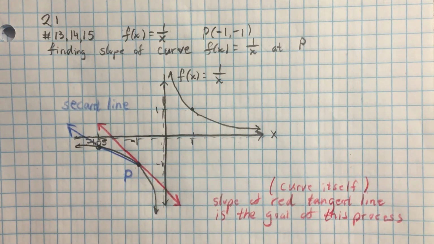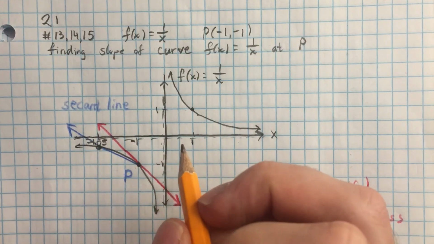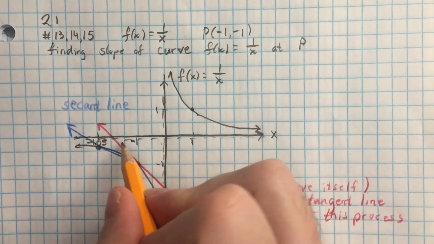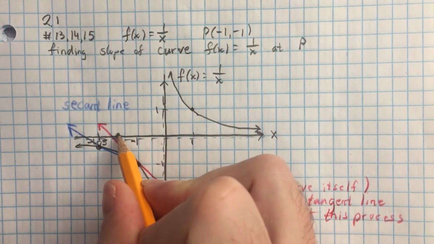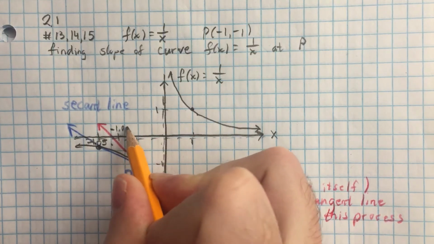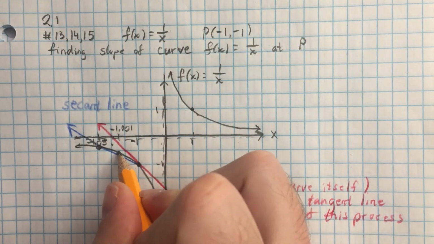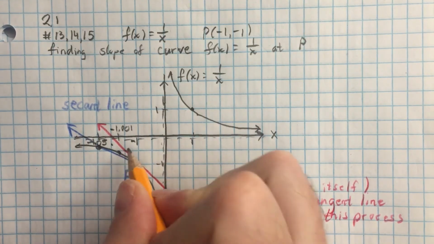As we move closer, what's going to happen next? I'm going to take the first value of negative 1.05 and then negative 1.001. It's extremely close. I'm going to still draw it further away just for exaggeration purposes. Let's just pretend it's here, negative 1.001. Again, not to scale at all. So then there's a point associated with that on the curve, around there maybe.